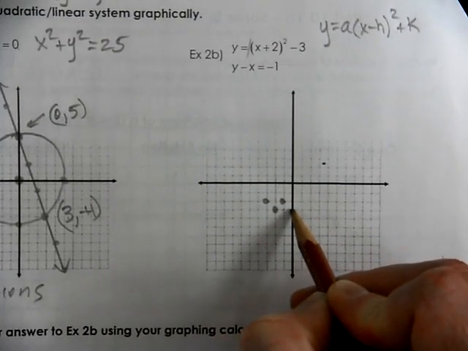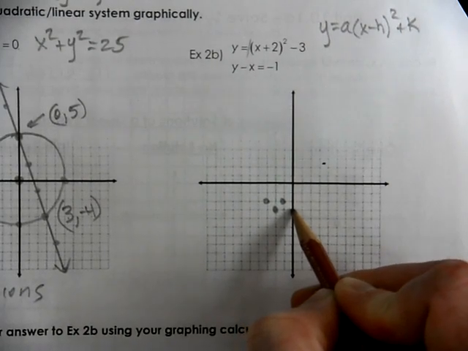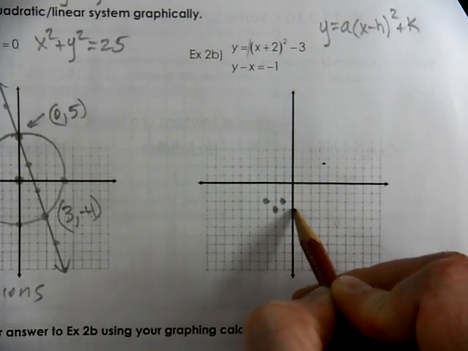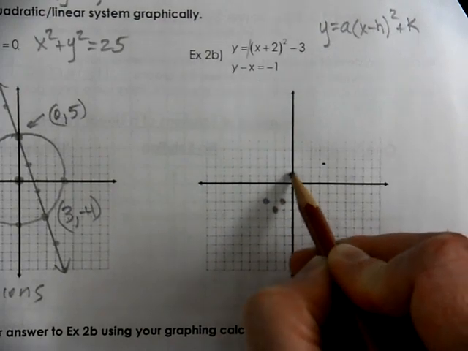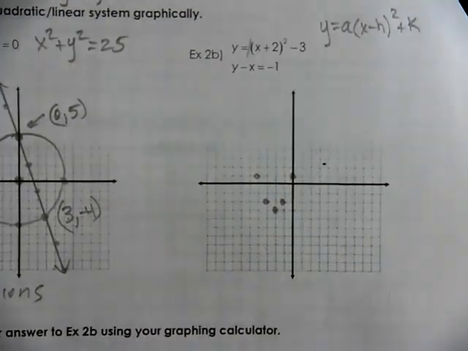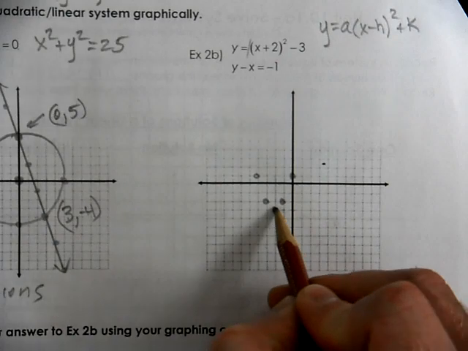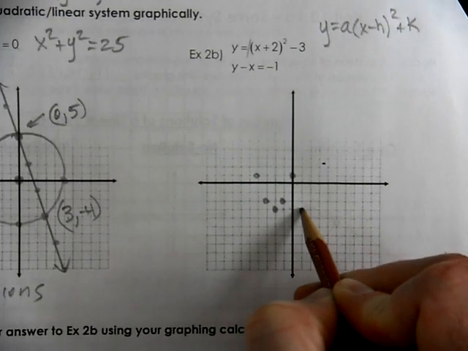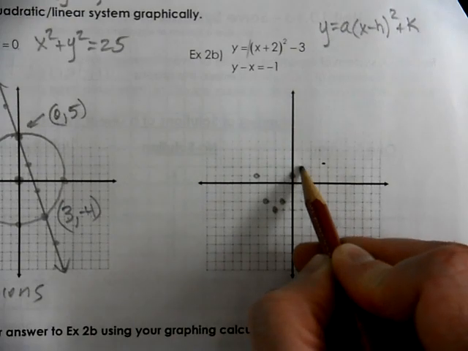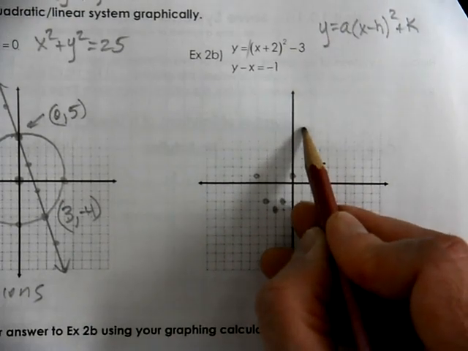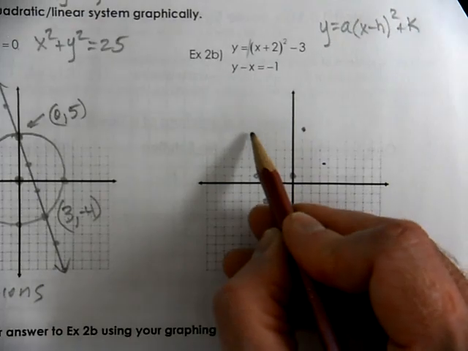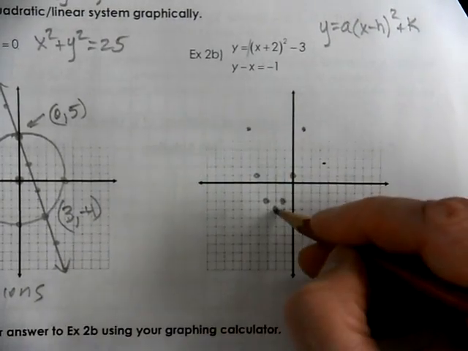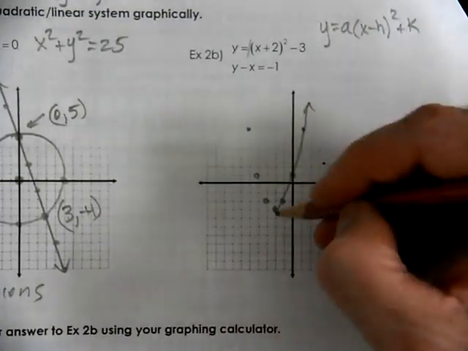Move over twice from the vertex. 2 times 2 is 4. So if you count up 4, you know exactly where to put the next dots. From your vertex, go over 3. How far up am I going to go? 3 times 3 is 9. And that allows me to graph my parabola.